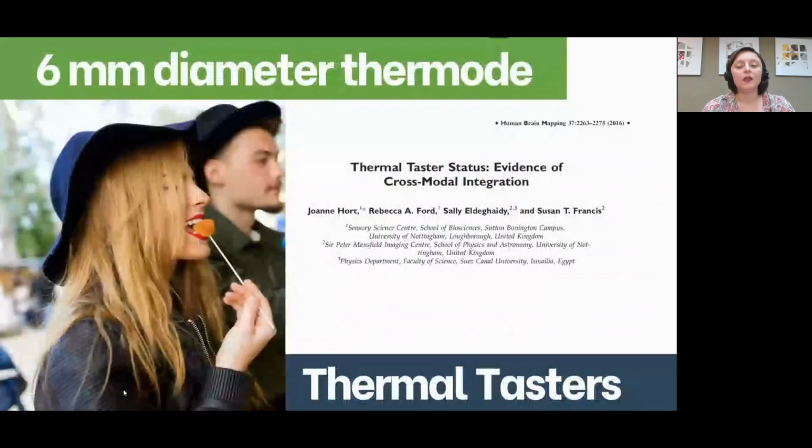Another reason, and it lies a little bit outside of our regular uses of medical devices, is a phenomenon called thermal taster status. There are people out there that when you heat or cool their tongue, they perceive some taste stimulation as a result of this cooling or heating.